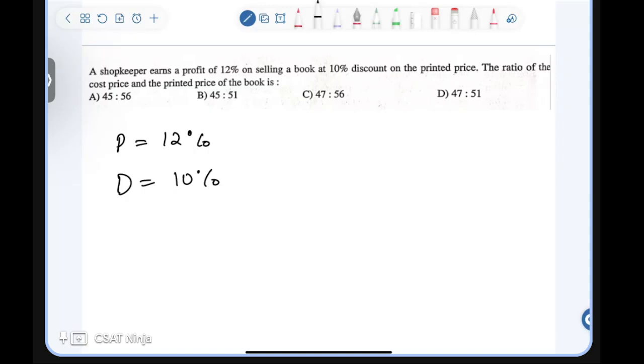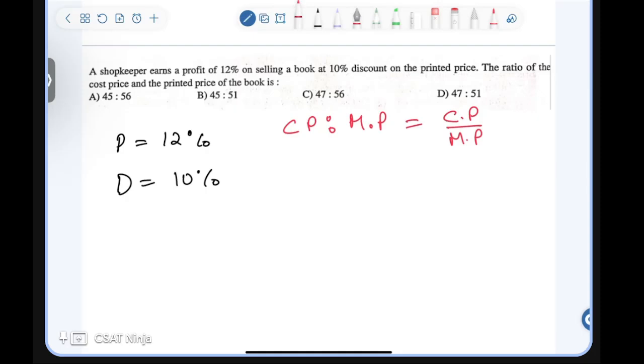Then we also find the ratio of the cost price and the printed price. Printed price means mark price, okay? So we find cost price is to printed price, which can also be written as CP divided by MP.